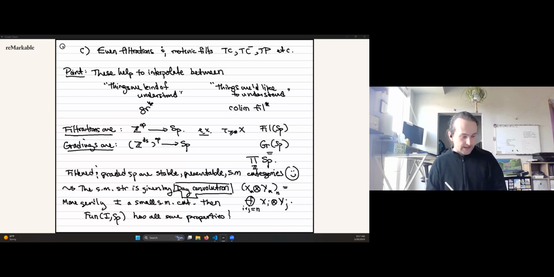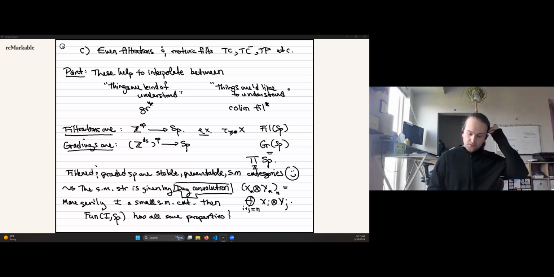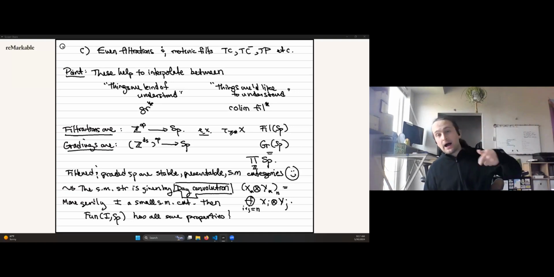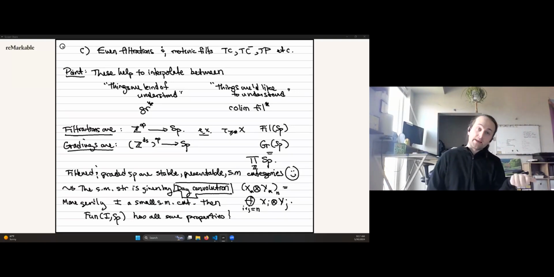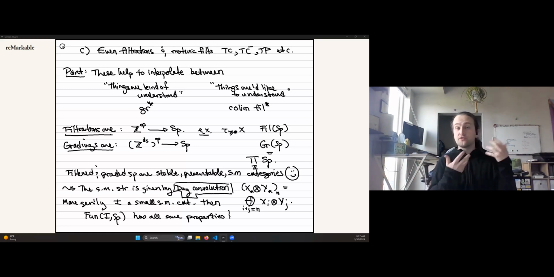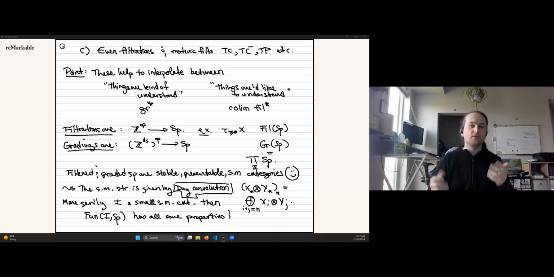More generally, if we had some indexing category that we liked and we wanted to think about I-shaped diagrams in spectra, we could think about I-filtered or I-graded spectra, depending on whether or not I is discrete. That's the distinction I want to draw. If I happens to be a discrete category, then you say I-graded, and if it's not discrete, you say I-filtered. I think this is a very reasonable distinction to draw.